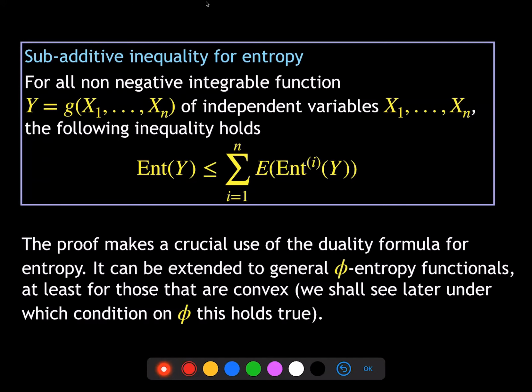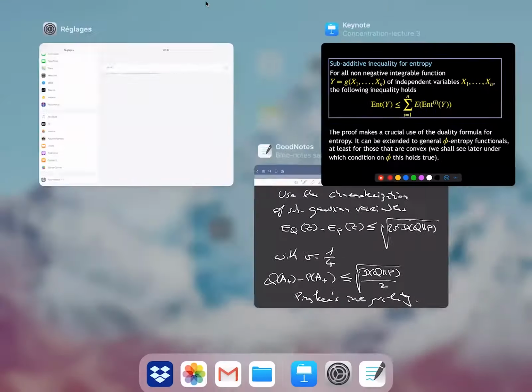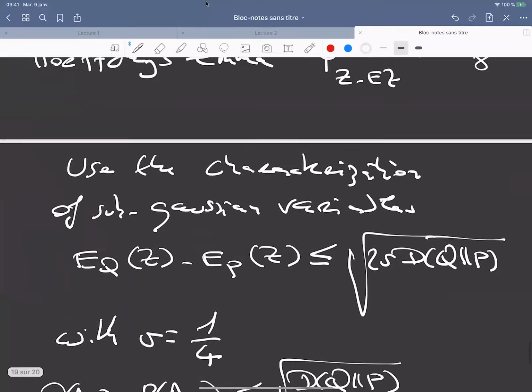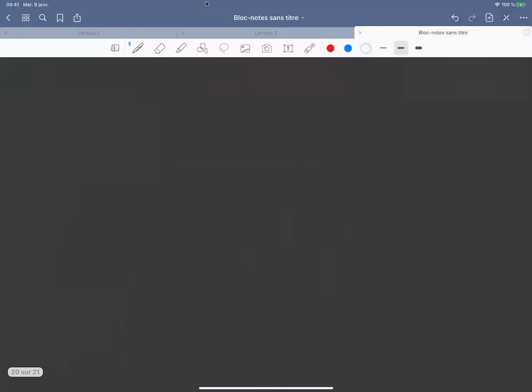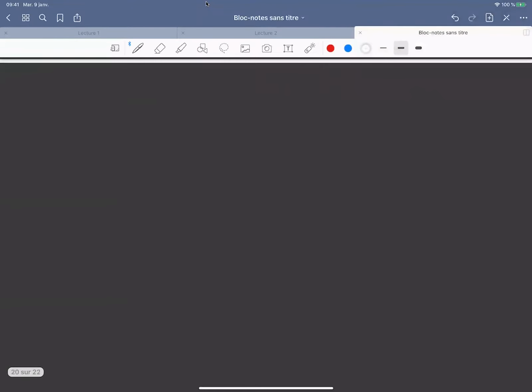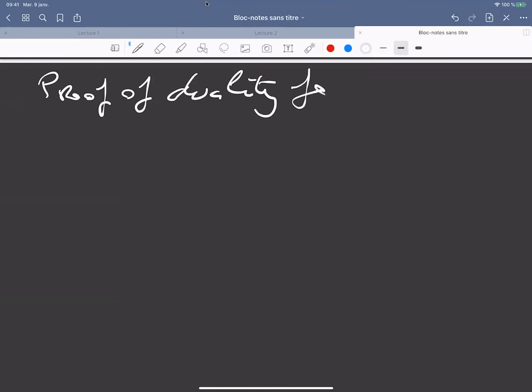The proof is very simple. This is good news. So the proof of the duality formula, not the duality formula, excuse me, of the subadditive inequality.